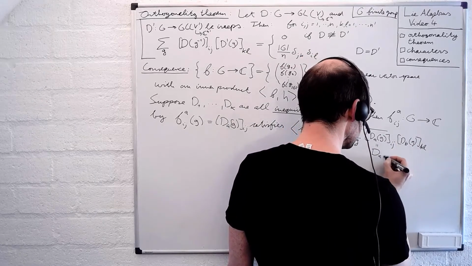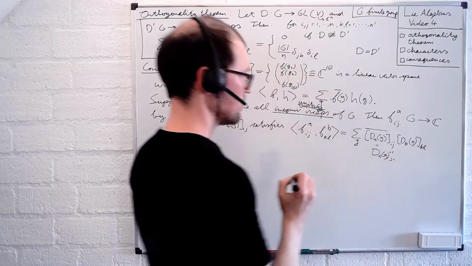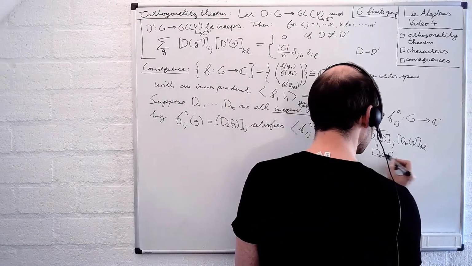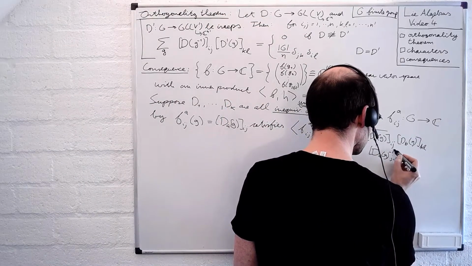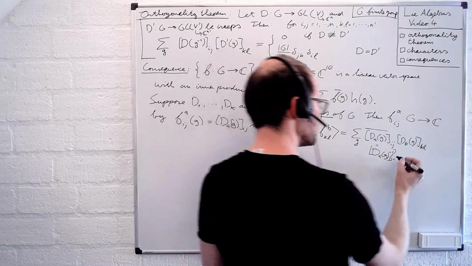So D^a(g inverse)_ji, the ji-th element of the inverse of this matrix.